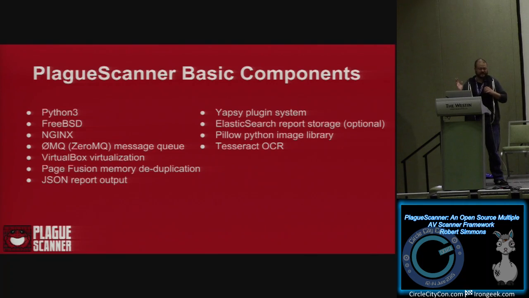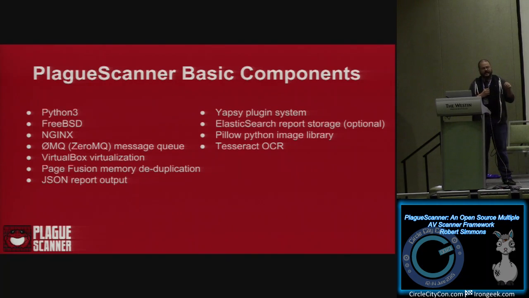Some of the scanners are only Windows, so I have Windows boxes also. And I use a combination of 0MQ and Nginx to transmit the jobs to each one of the scanners. I'll go over why in a minute when we get to some later slides.